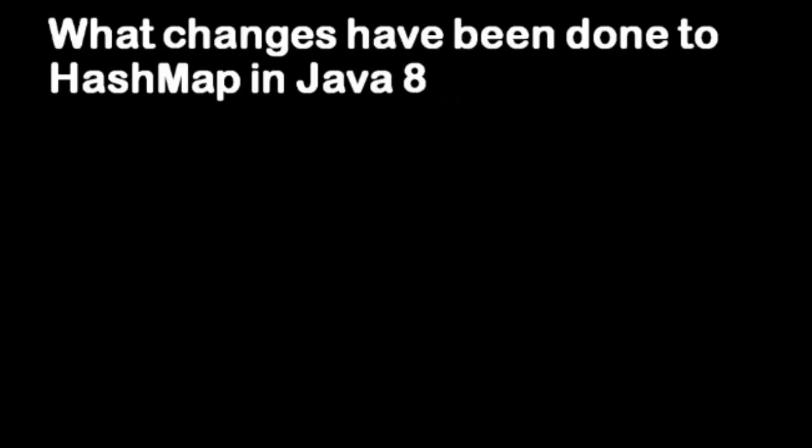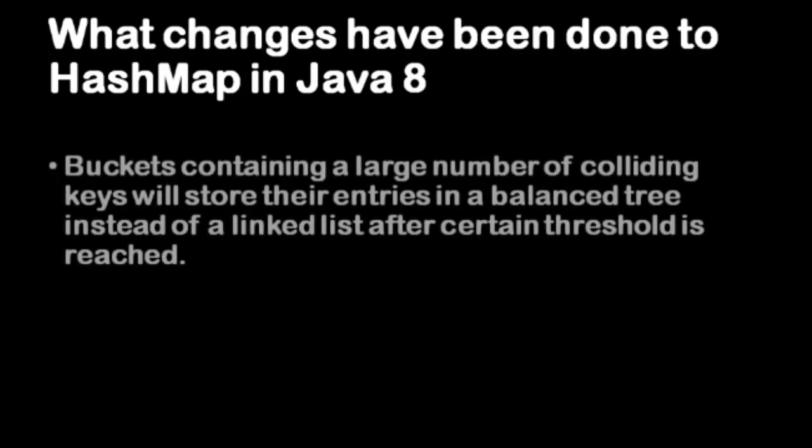Next question, how does HashMap work in Java 8? You can face this question, or what enhancements have been done on HashMap in Java 8. Both questions state the same thing. I am assuming that you know how HashMap works internally. It internally uses buckets. A hash code is calculated on the key, an index is calculated, and it is placed in the bucket.